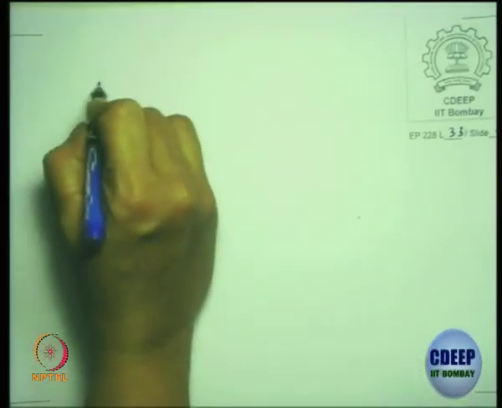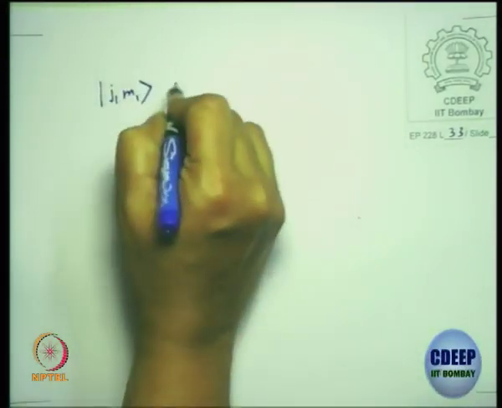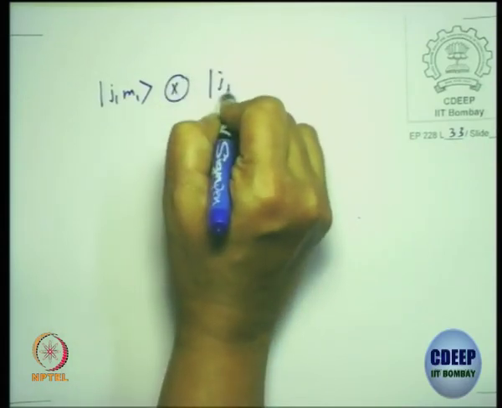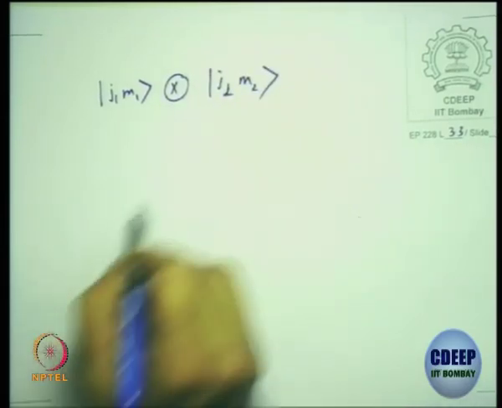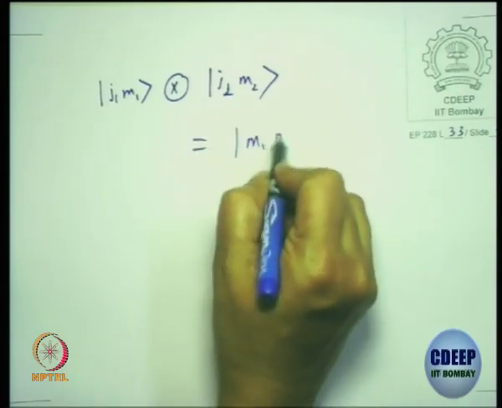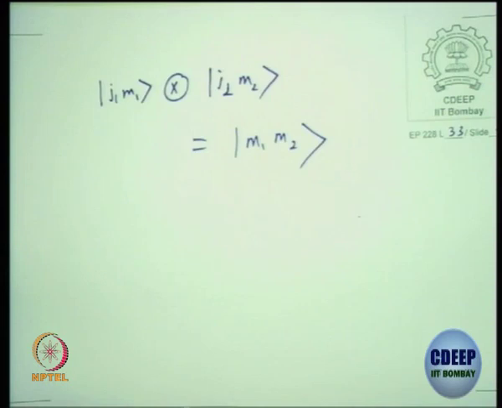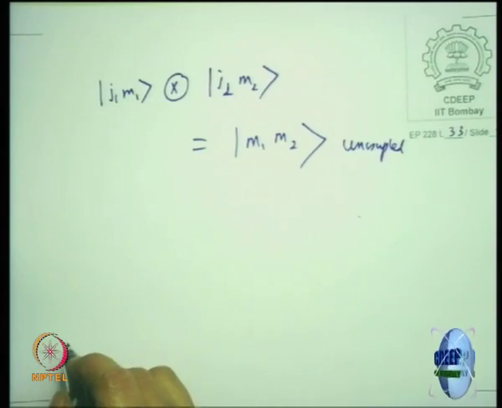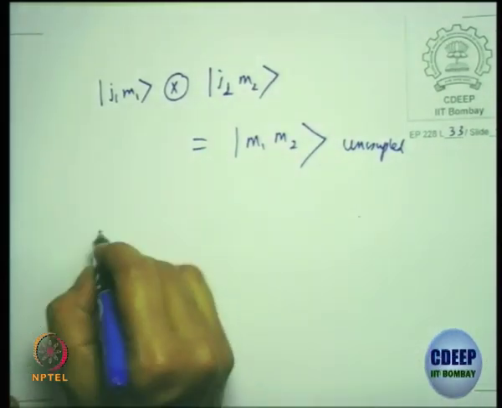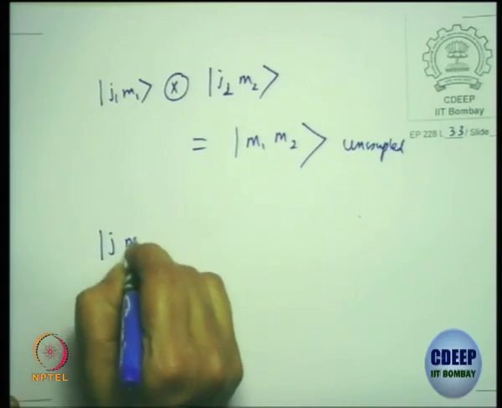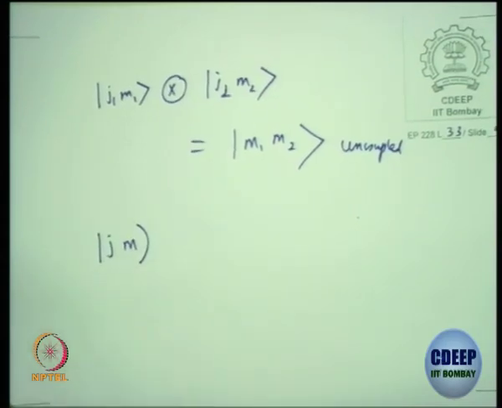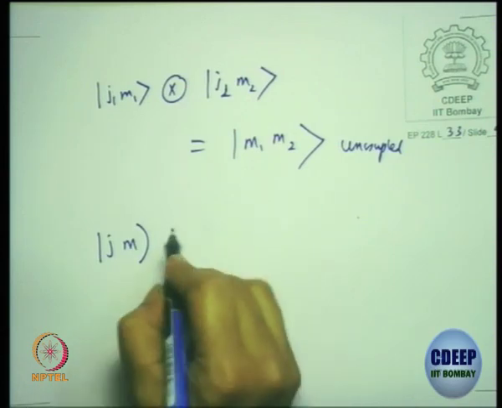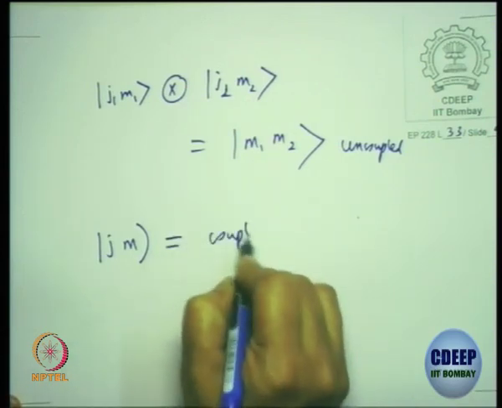So this is what we did: J1 M1 tensor product J2 M2, which we called the uncoupled state. Let me suppress the J1 J2. So this is uncoupled, okay. And then we had another one, which was J M, which for convenience I put in this bracket, which I called coupled.